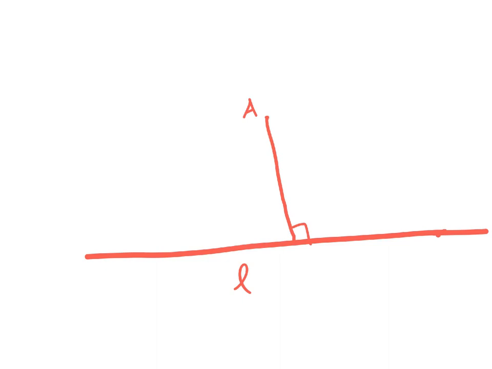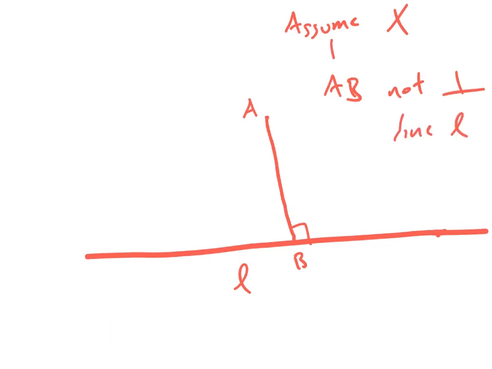Basically, what they say is, assume X, where X is essentially the opposite of what we're trying to prove. So in our case, we're going to assume that AB is not perpendicular to line L.